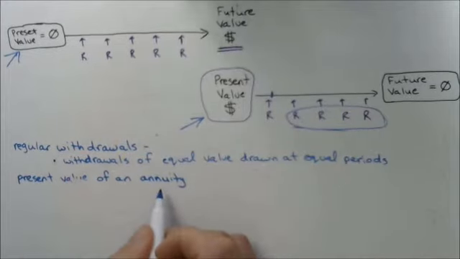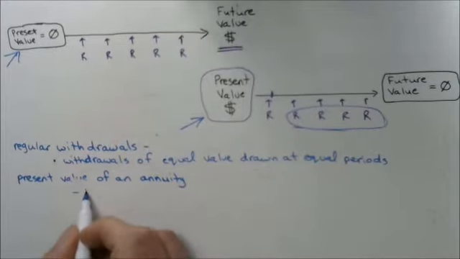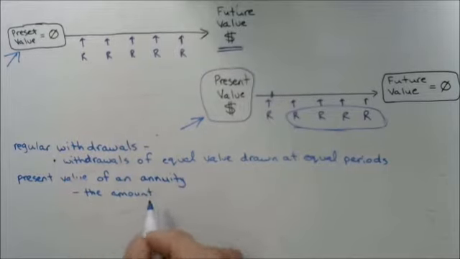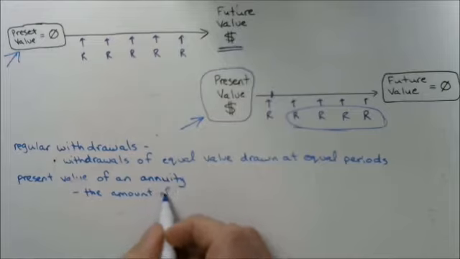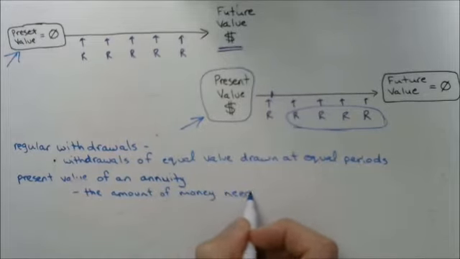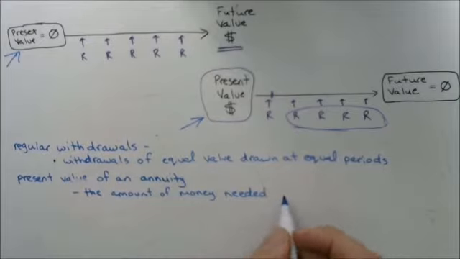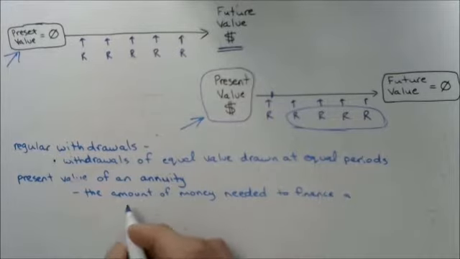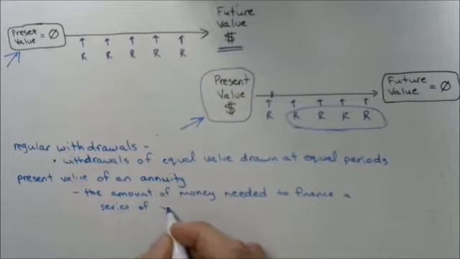So present value of an annuity is the amount of money needed to finance a series of withdrawals.